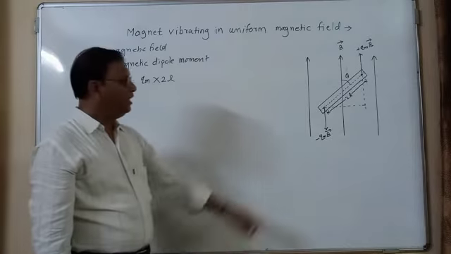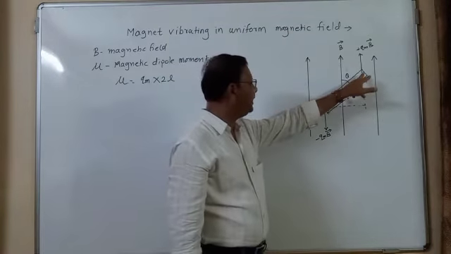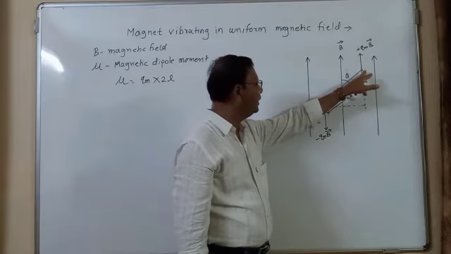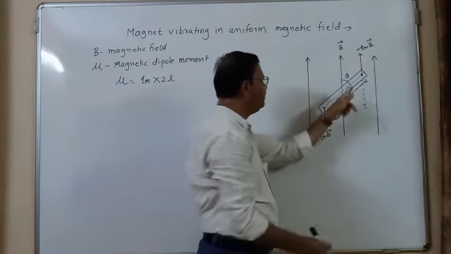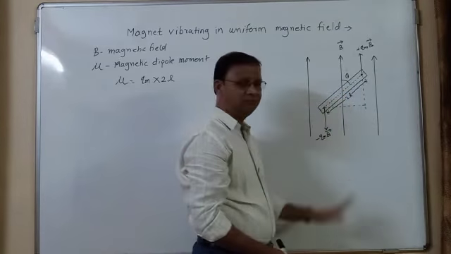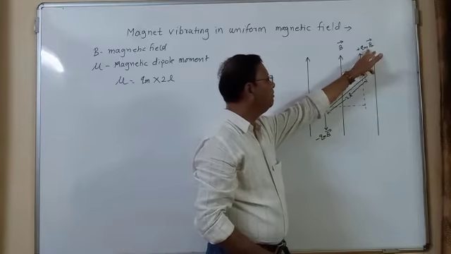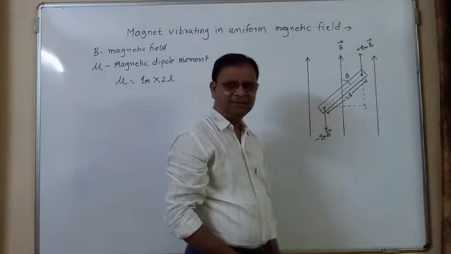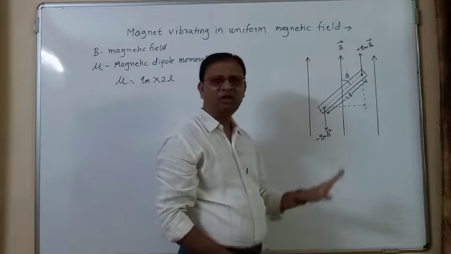Now in the deflected condition, there are forces acting on the N pole as well as the S pole, which try to restore the magnet to its equilibrium position. These forces are Qm into B on the north pole and minus Qm into B on the south pole.